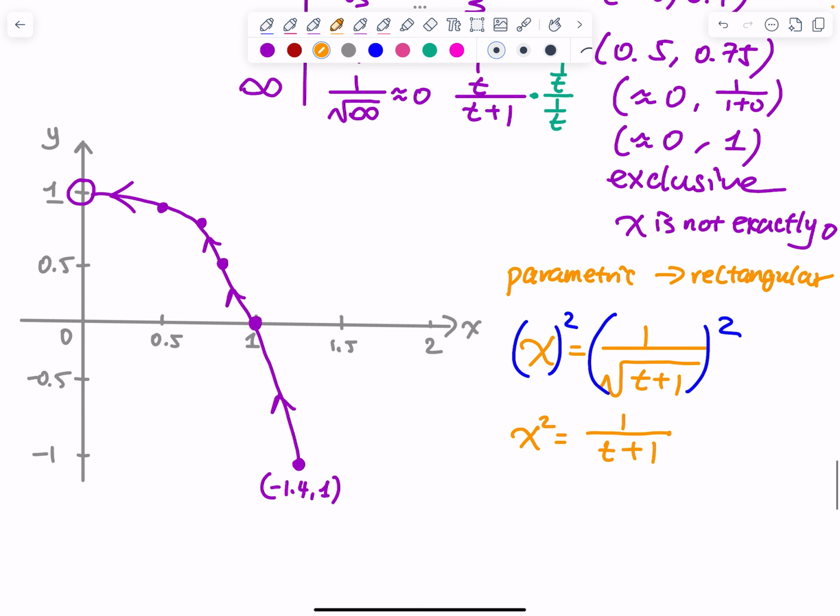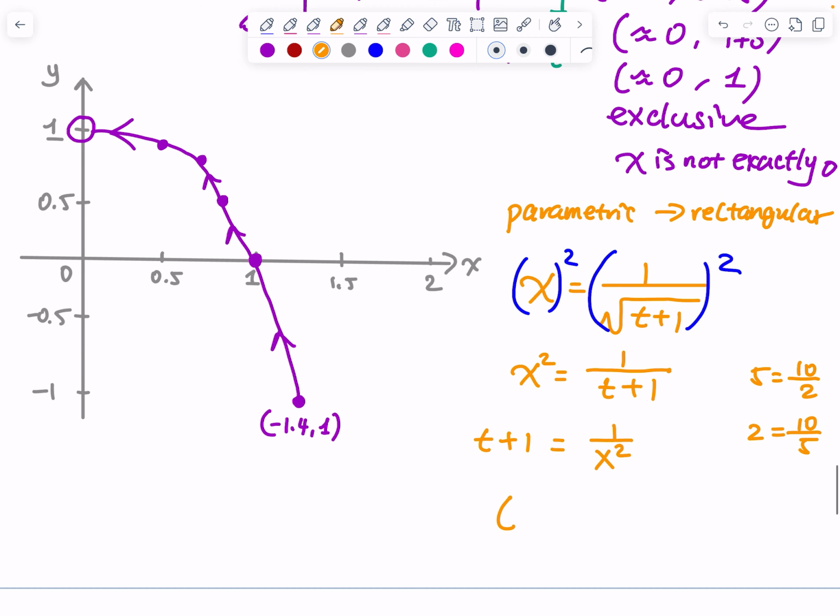And then I can do t plus 1 equals 1 over x squared. In case you are stuck in this step, how about 10 divided by 2 is equal to 5? 2 is equal to 10 divided by 5. How's that? You can follow that, right? And then I will subtract 1 on both sides, so I will finally isolate t on one side. t equals 1 over x squared minus 1. I don't think it is necessary to do a common denominator at this point.